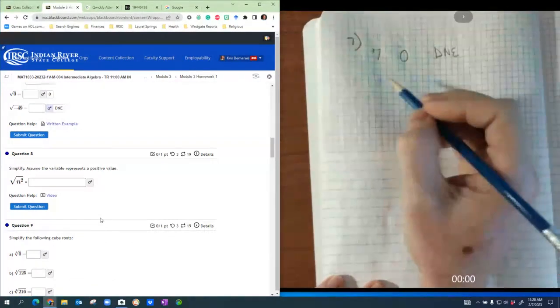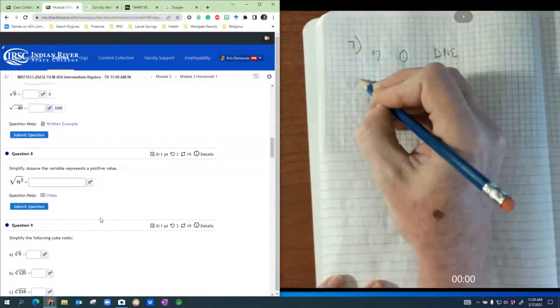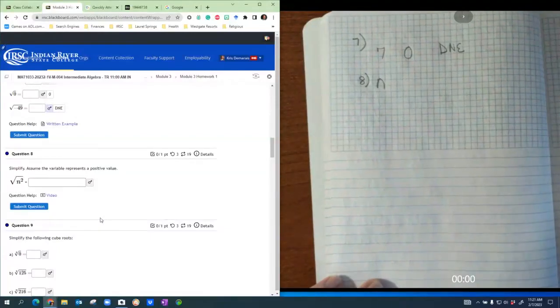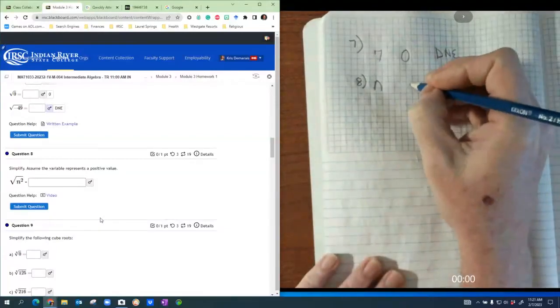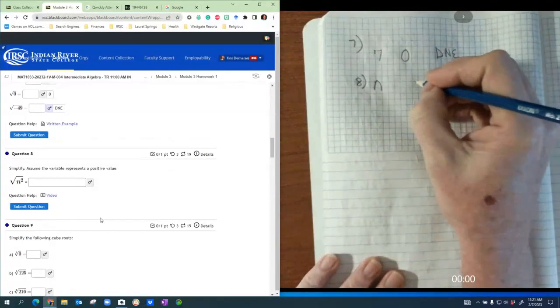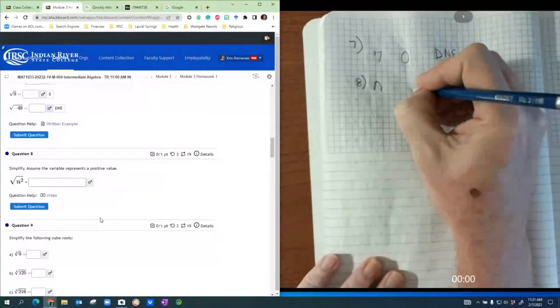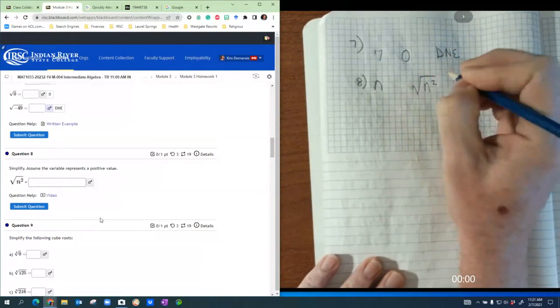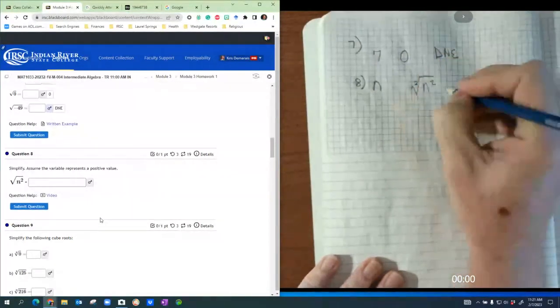Square root of n squared is just n. All right, because again, of what I talked about earlier. Now, next thing I want to talk about in this, because I want to help you understand something, is that there's a couple of different ways you can write this, by the way. Okay? By the way, that's an index 2.